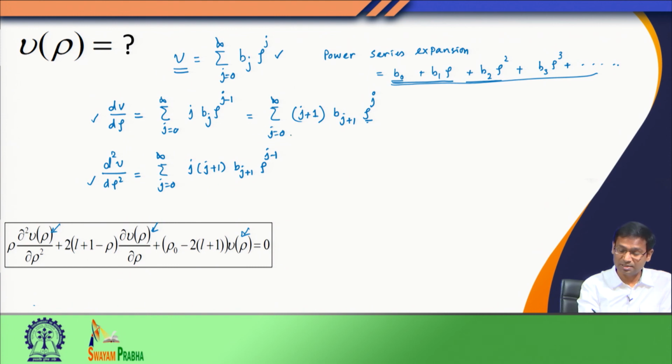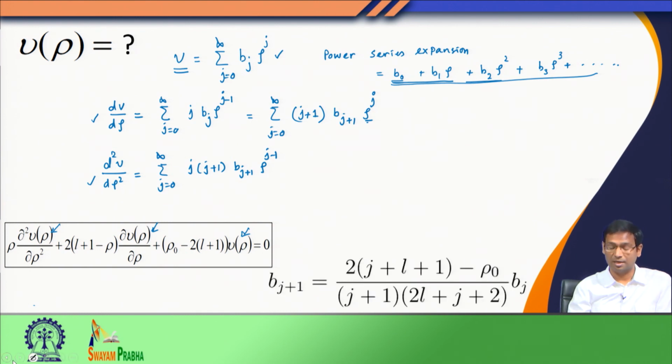When I use these relations in this equation, I would encourage you to do it, you would see that I will come to this relation, which is known as the recursion relation, that actually connects my b j to b j plus 1.